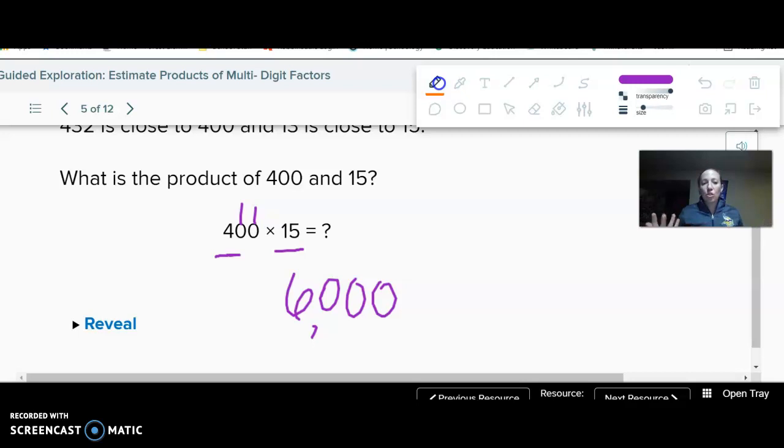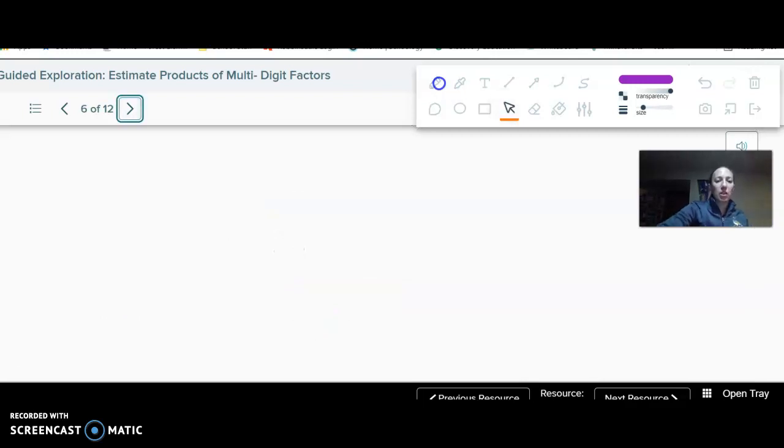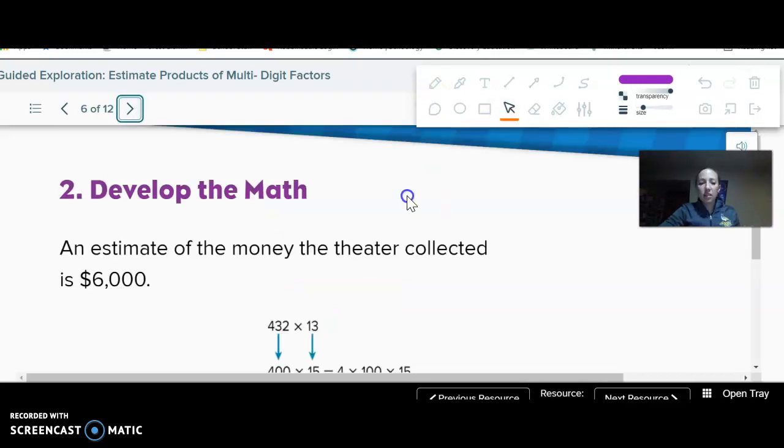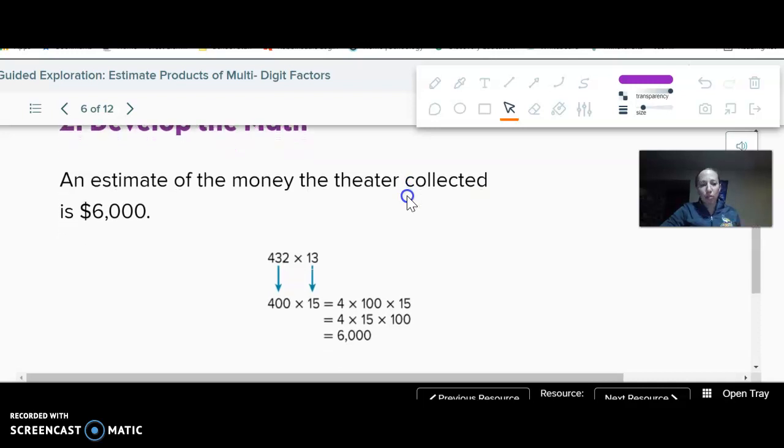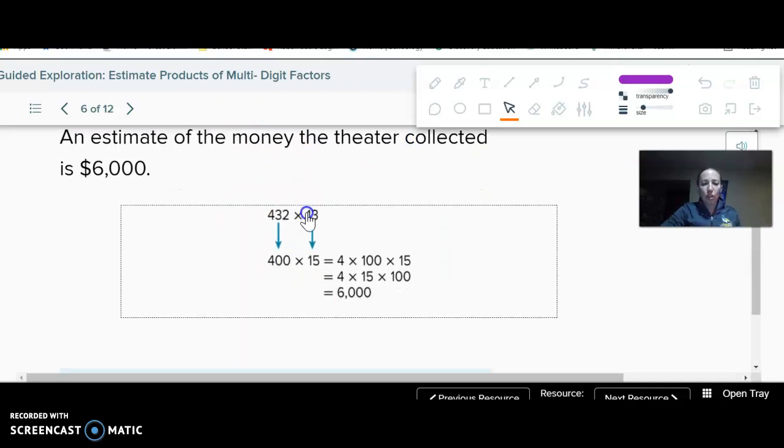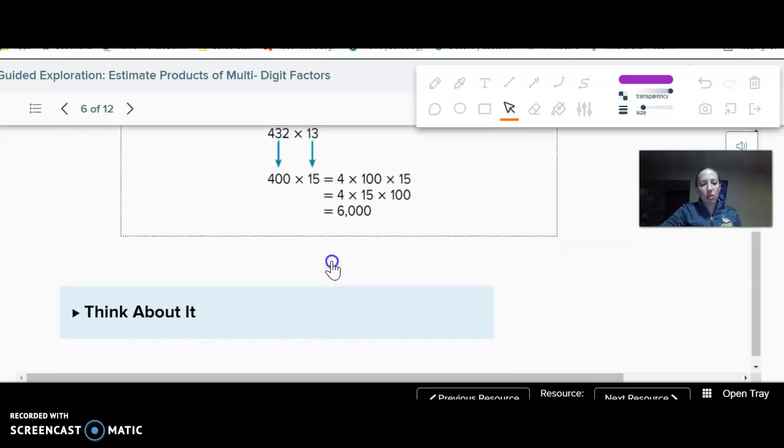Now, you might not know what goes nicely together, so this next strategy might be something that you use more often. This is what I would say I'm more familiar with. Here they're just going over 400 times 15, 4 times 100 times 15. I just did 4 times 15, and then did times 100 to get those 2 zeros.